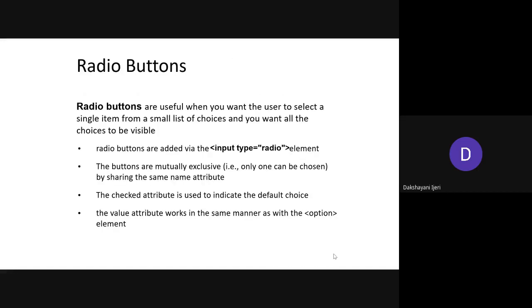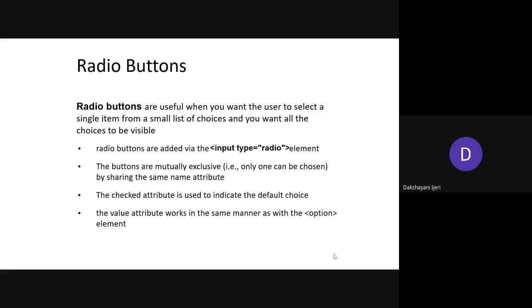Okay, so coming to the radio buttons and the check boxes. Many of you might be familiar with radio buttons and check boxes, right? You might have used them while interacting on the internet, filling in forms. The best example is online shopping. Everyone has had experience of online shopping, isn't it?